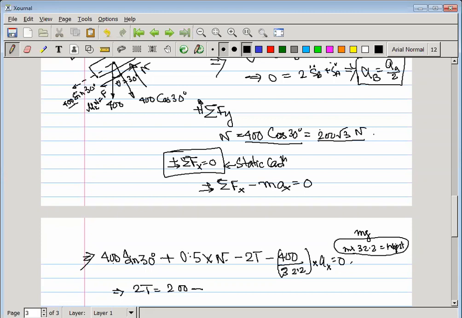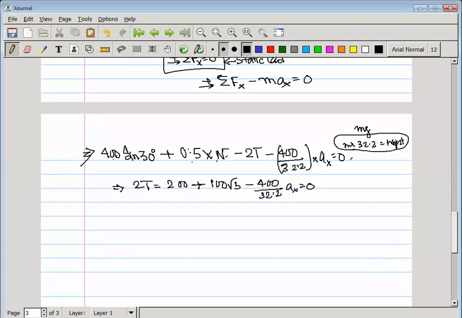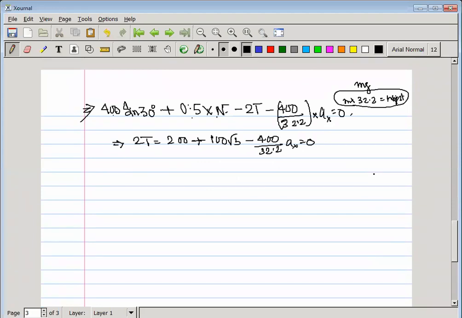So we can write here plus 200 root 3, and this is 0.5 into 200 root 3. So 0.5 means 100 root 3 we can write, 100 root 3 minus 400 divided by 32.2 into ax along the x-axis equal to 0. So this is another equation, and this is the case for the log.